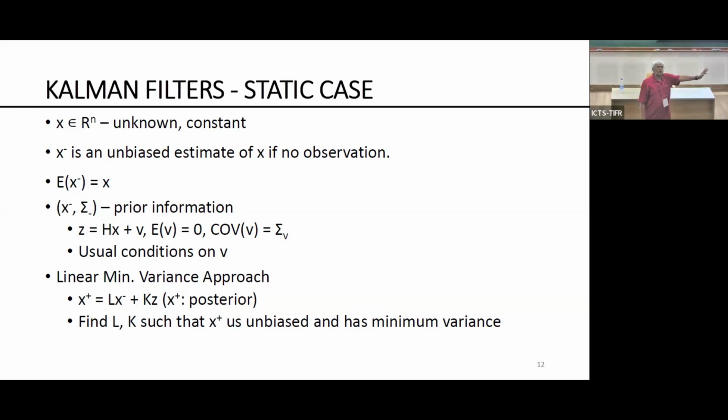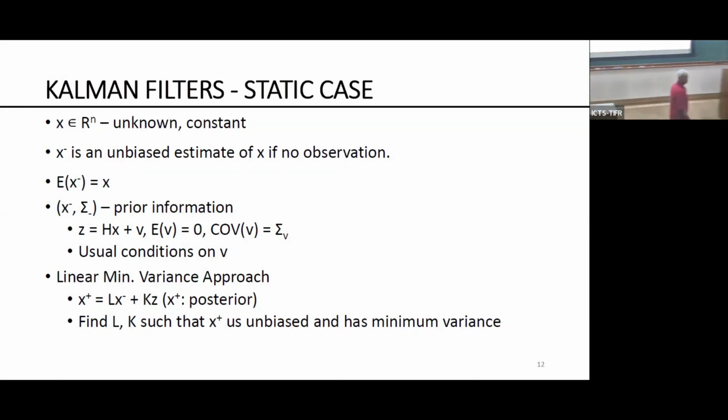The best original source for statistics is Dr. C.R. Rao's book, the book I told you about. How many of you searched for C.R. Rao's book on Google? Please order the book before you arrive home, it will be ready for you. It's a Bible. So find L and K such that x plus is an unbiased minimum variance estimate.